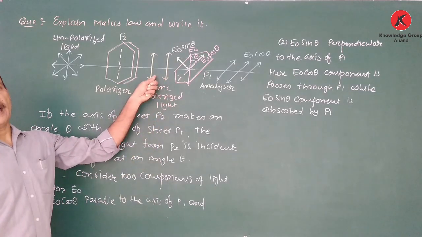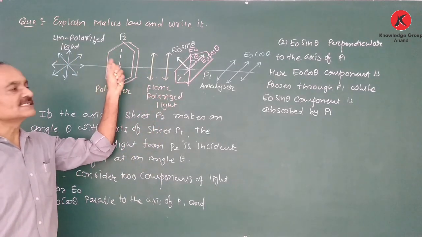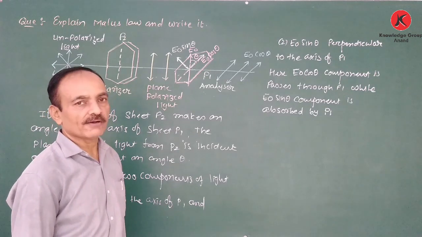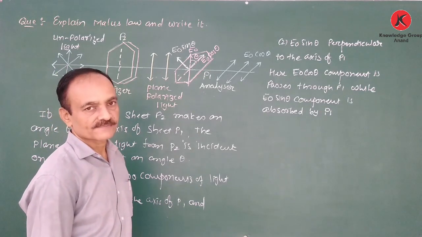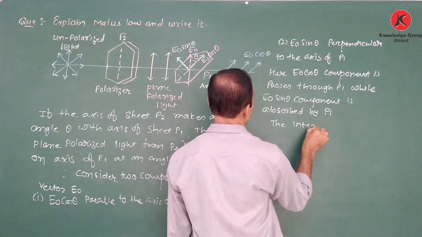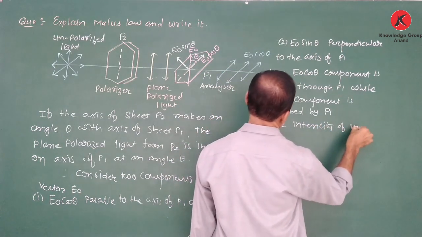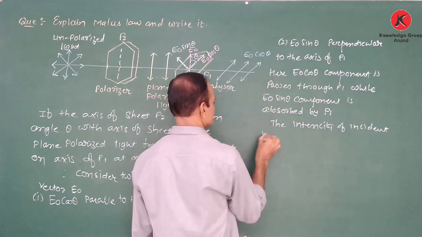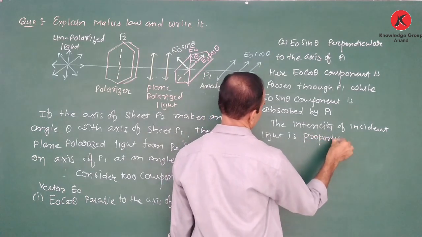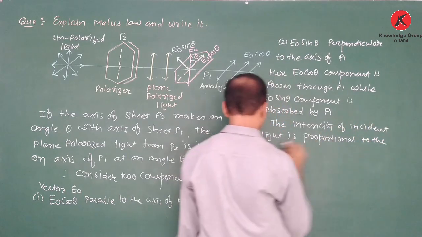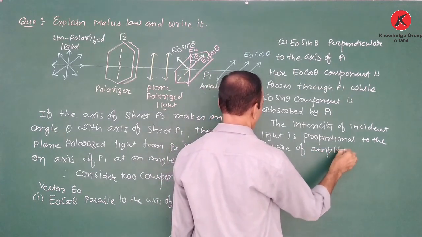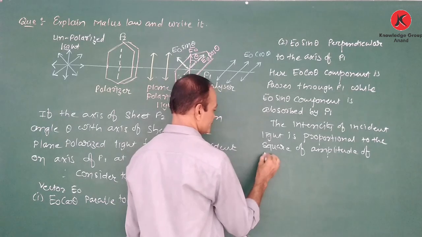Now the intensity of the incident light is directly proportional to the square of the amplitude of the incident light.